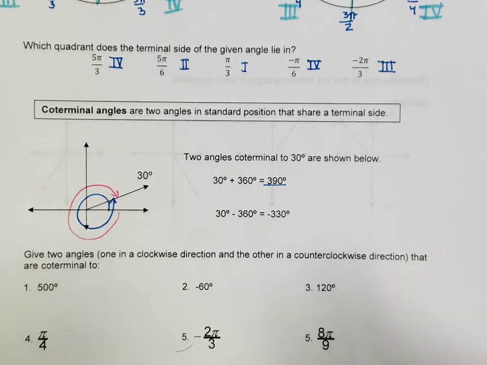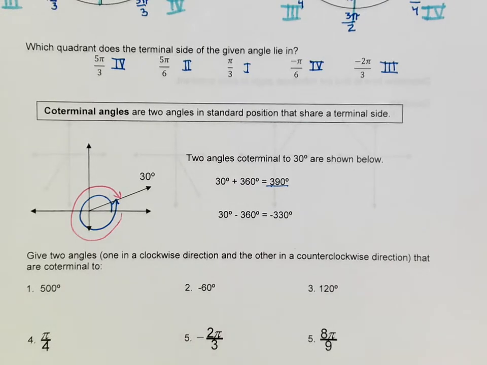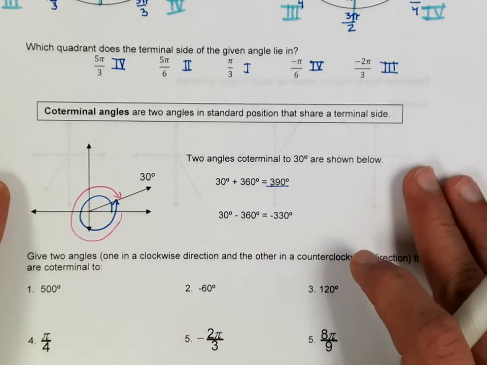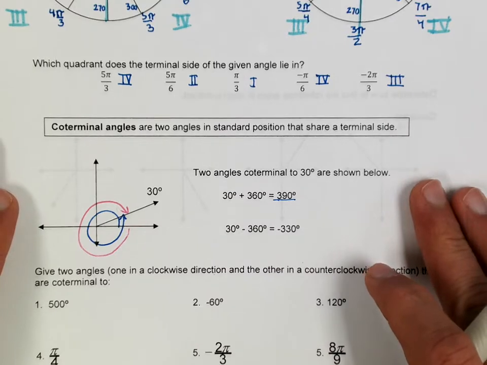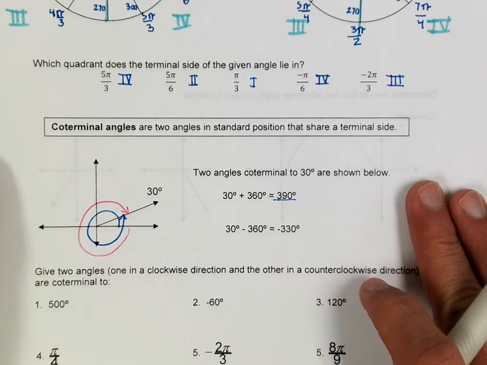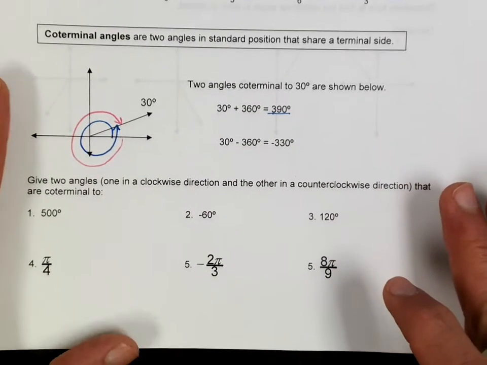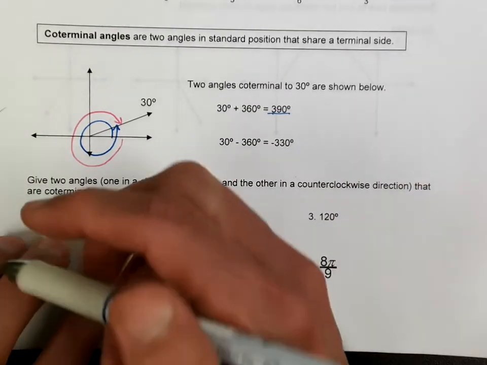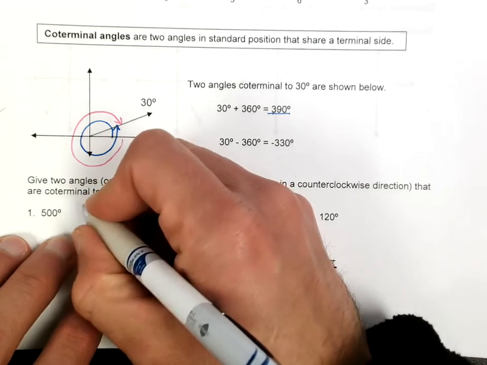Now, on the next few examples, we're going to give you a couple of examples per problem. If it's 500, for example, I want to give one in a clockwise direction and one in a counterclockwise direction for them to be coterminal. It's actually pretty simple.